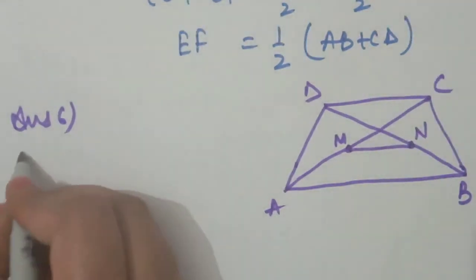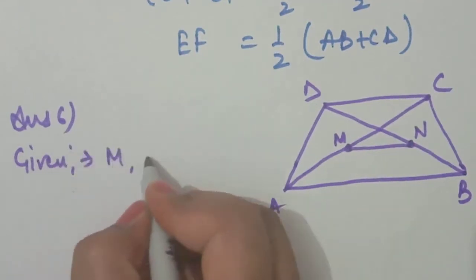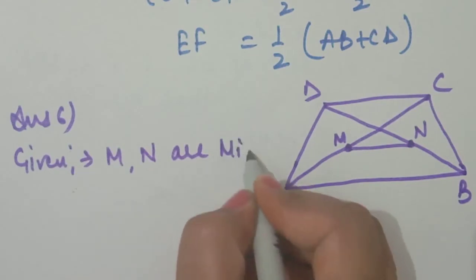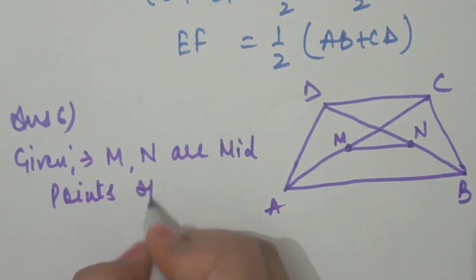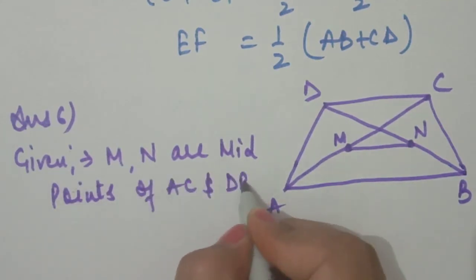So students, what is given to us? M and N are midpoints of AC and DB. Correct?